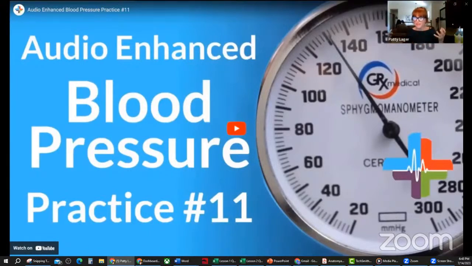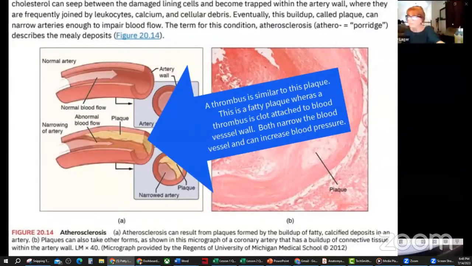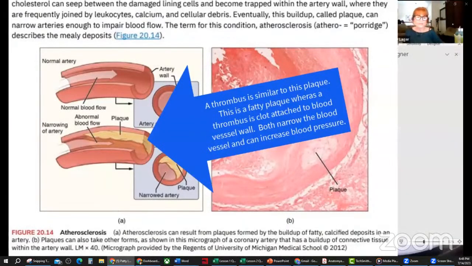Now, a thrombus can be dangerous too. It's usually something that's lacking on the inside of the blood vessel wall. We showed this on Monday, there was a picture of a blood clot building up in the endothelium, just next to the endothelium of a blood vessel.